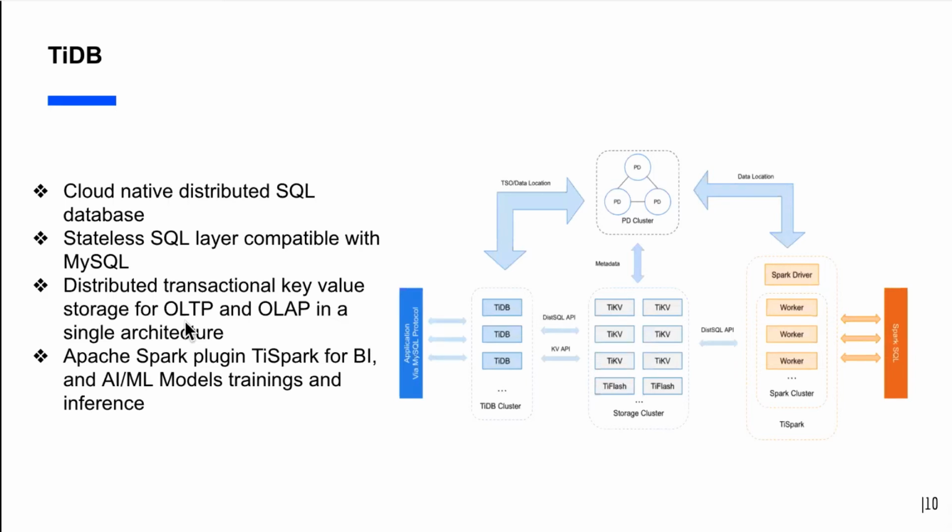I am going to go through these components here, what the architecture looks like. Okay, so moving from left to right, like any database, you have some type of protocol. We use the MySQL wire protocol for applications to access the TiDB cluster in general.